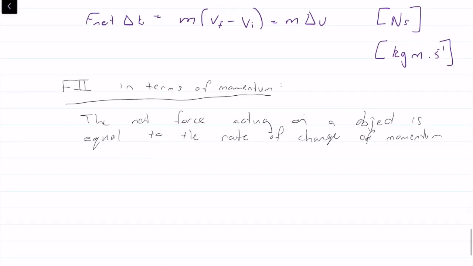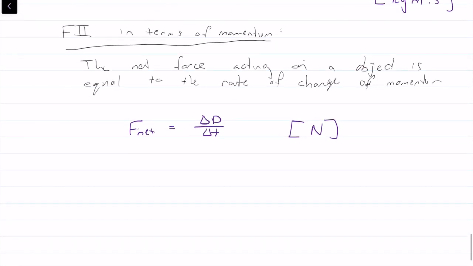So F net, in the form of an equation, equals delta P over delta T, in units of newtons.